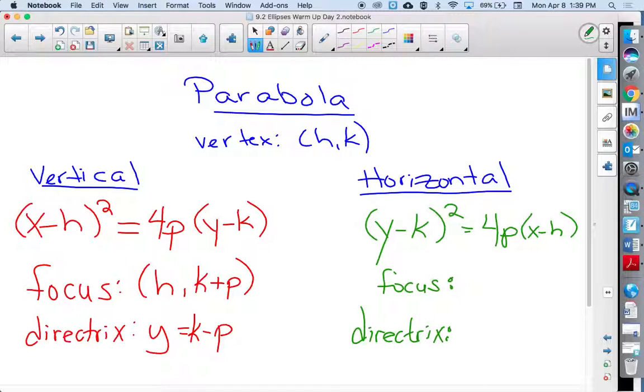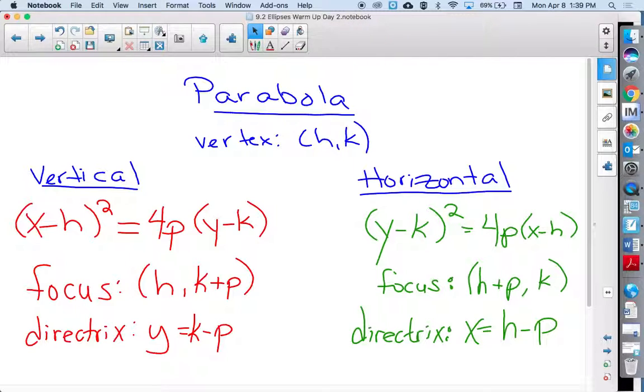So horizontally means x is changing, so looking at the focus, x is now increased with p, or the x value is being decreased by p.